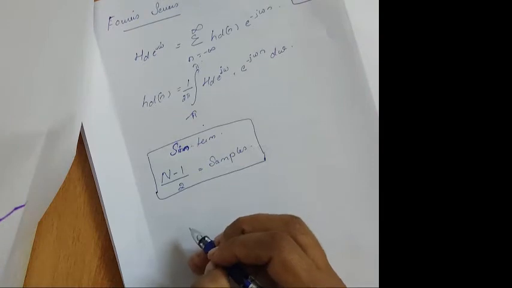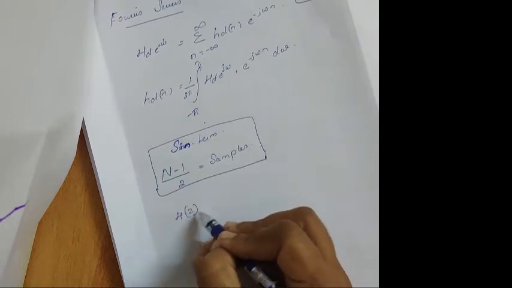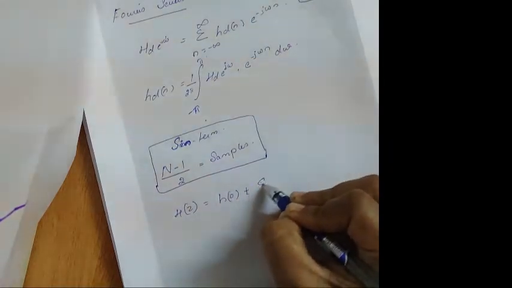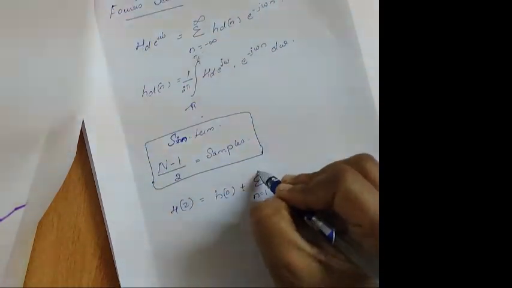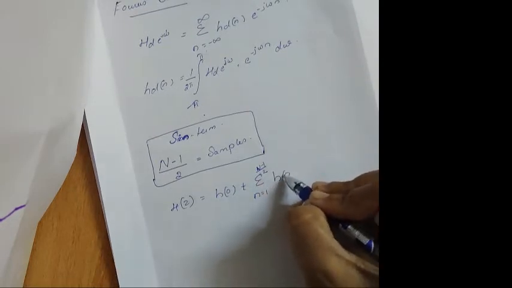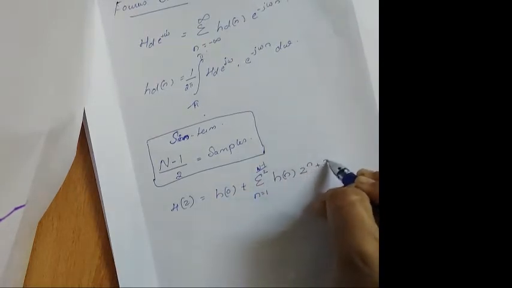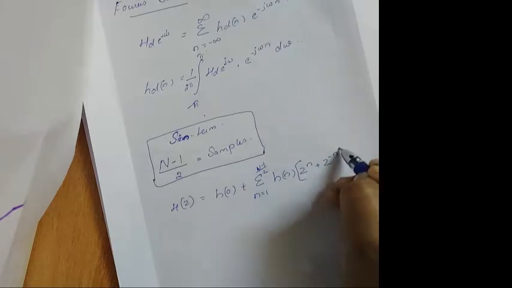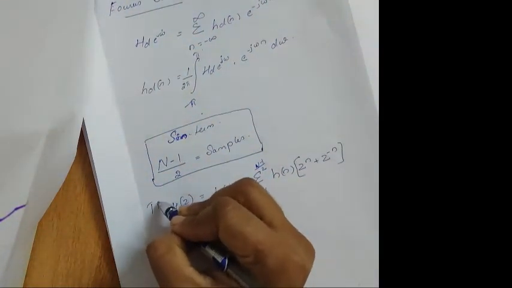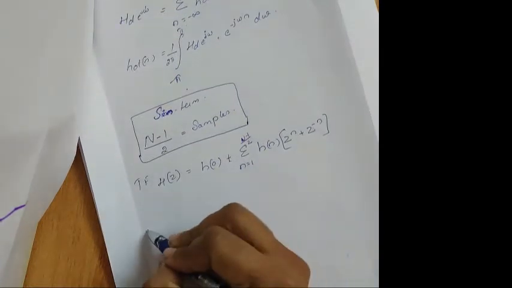To convert this to a transfer function, first we have to find h of z. That is h of 0 plus summation n is equal to 1 to n minus 1 by 2 h of n (z raised to n plus z raised to minus n). After finding the transfer function, we have to realize this transfer function.